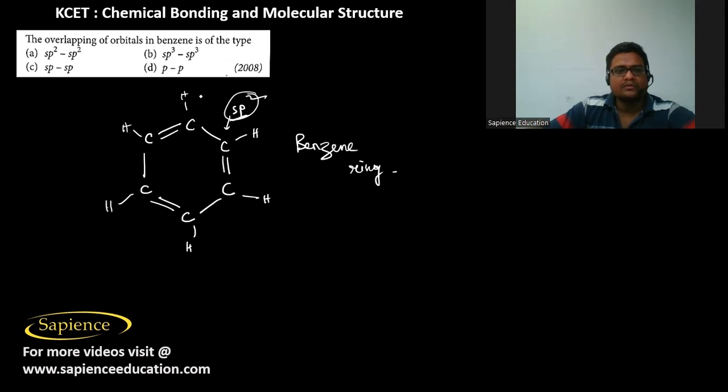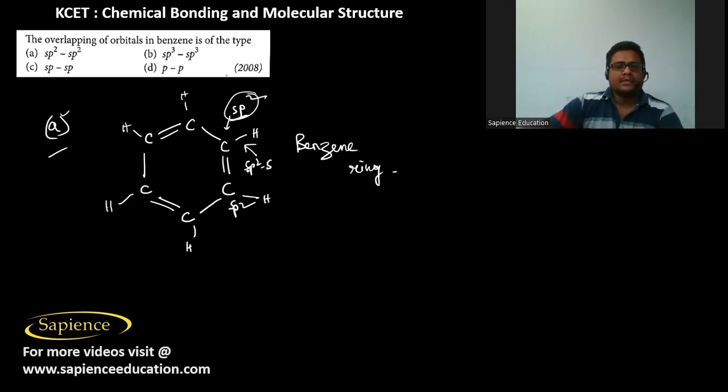Okay, overlapping of orbitals of benzene. So sp2 is overlapping with sp2, and these sigma bonds are sp2-sp2 and sp2-s. So sp2-sp2 overlapping is there. So option A is the correct answer. And then the pi bonds.